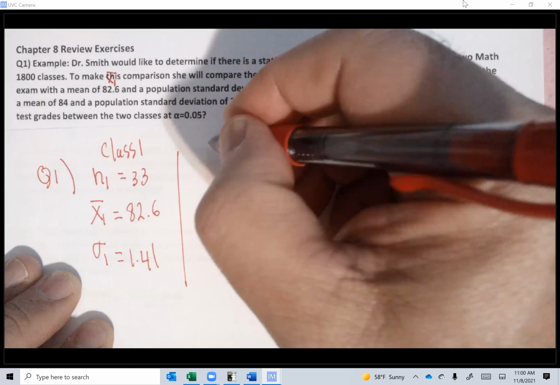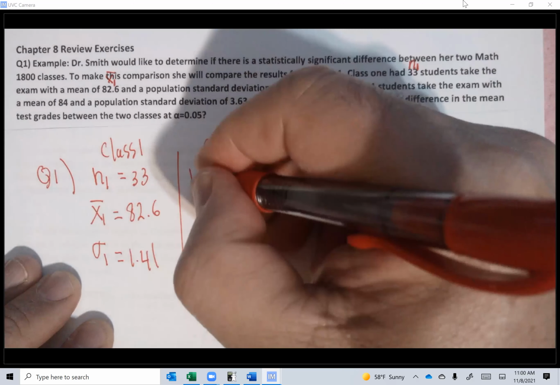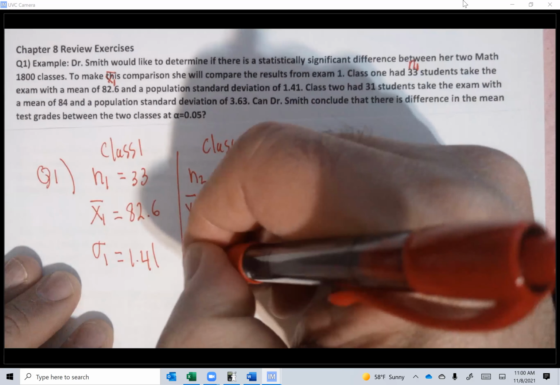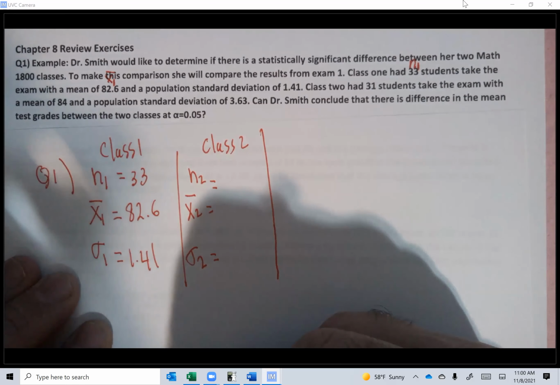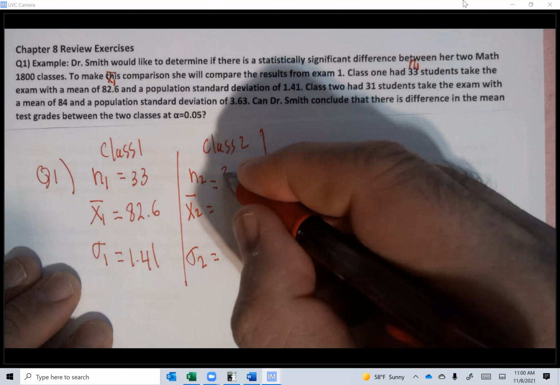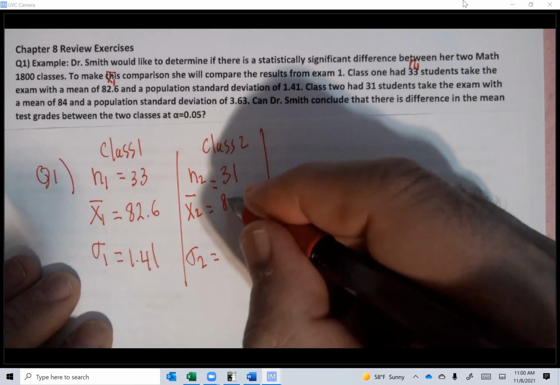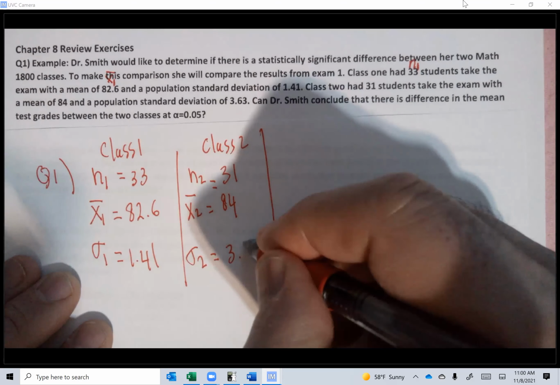Let's go to class 2. N2, X2 bar, and sigma 2. And then we need alpha. Class 2 had 31 students. Mean is 84. And population standard deviation is 3.63.